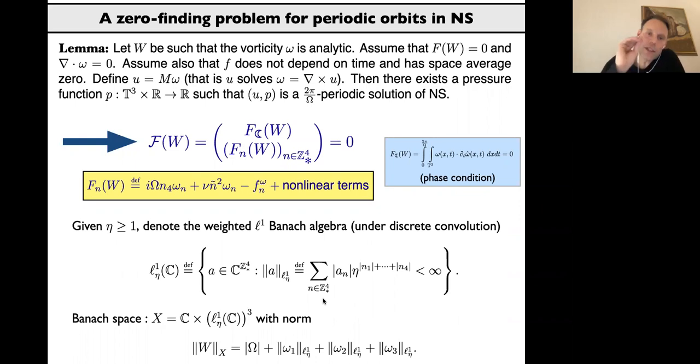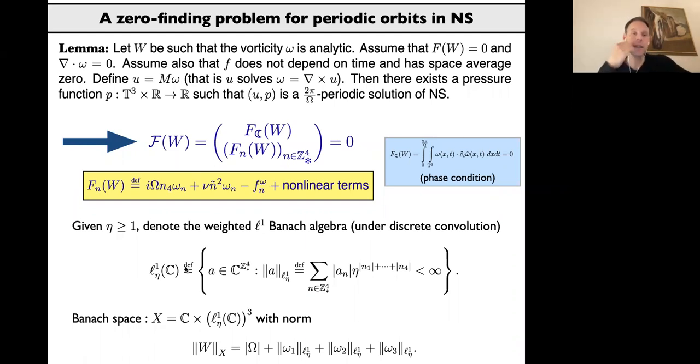For each of these components, we define this weighted L1 space, which is in fact a Banach algebra under discrete convolution. Banach algebra is nothing else than a fancy word to say that when you have a Banach space with a norm and you have a product, and in that case the product is discrete convolution, the norm of the product is less than or equal to the product of the norms, nothing more.